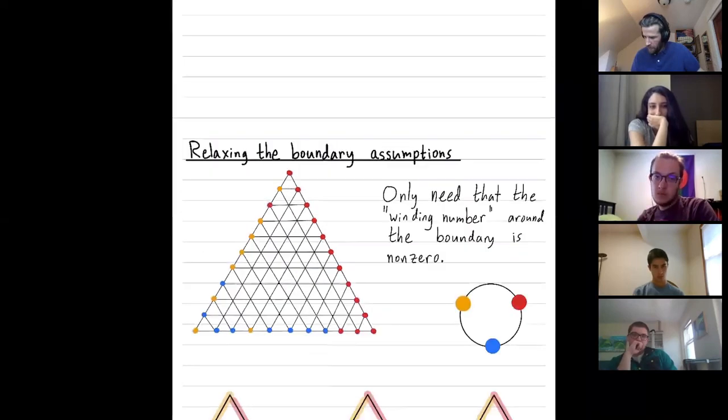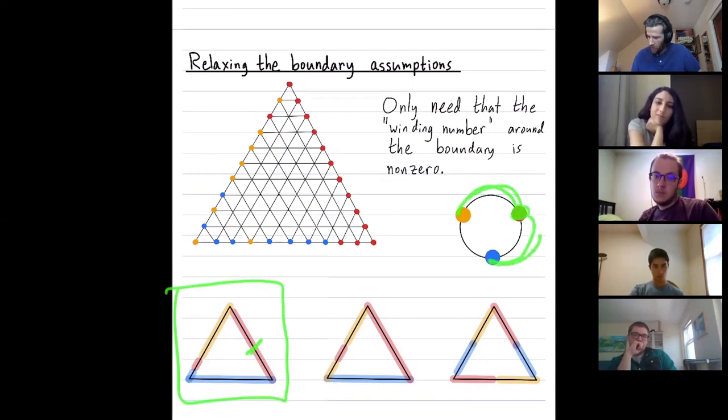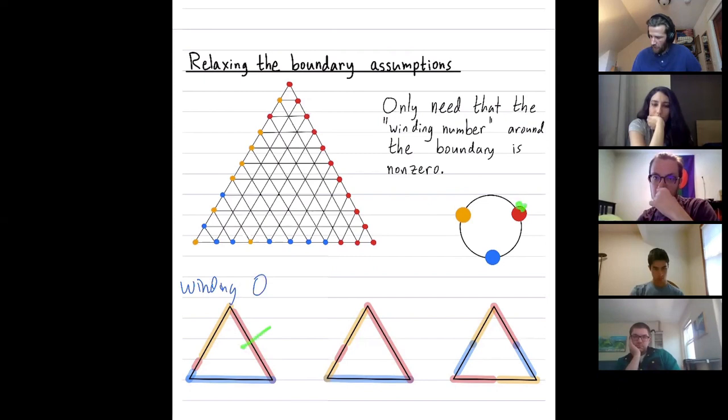Let me draw some pictures of that. This would be a picture where I start here, at the red vertex. I go to orange. I go back to red. Then I go to blue, and then I go back to red. So you'll notice I didn't walk all the way around, right? So this has winding number 0, because I went from red to orange, back to red, to blue, back to red.